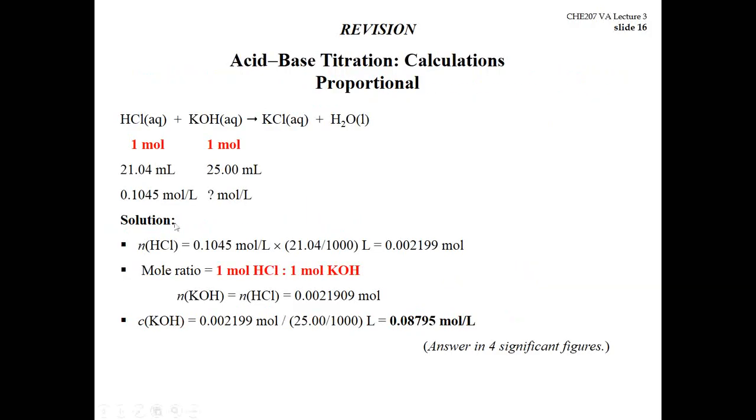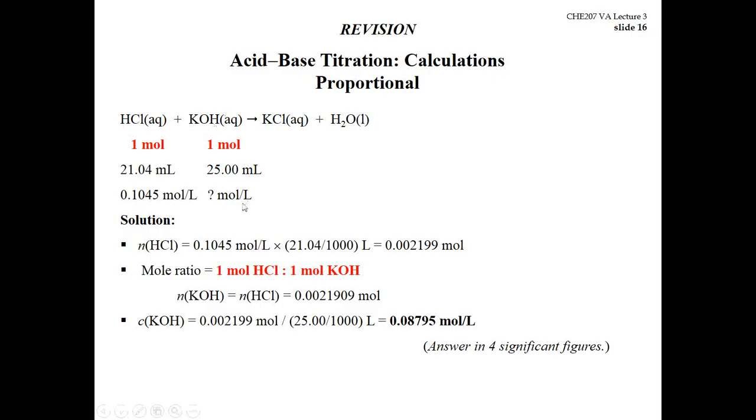Now let's look at an example of the reaction between HCl and KOH. We have a titration in which we use 21.04 milliliter of 0.1045 mole per liter hydrochloric acid. We use 25 milliliter of KOH.